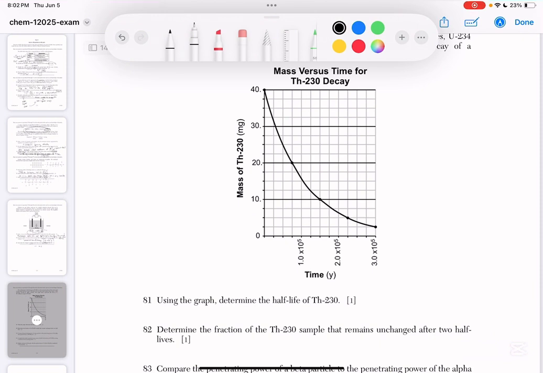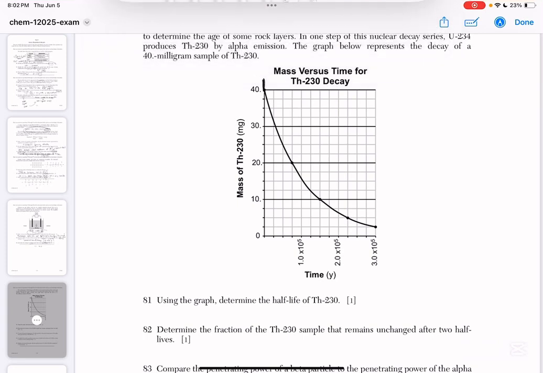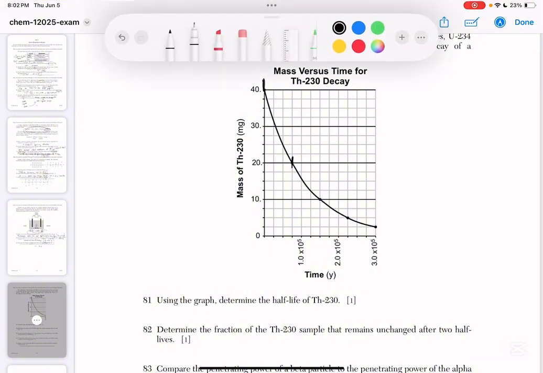Using the graph, determine the half-life of thorium-230. Okay, so this is 1 half-life, and I guess it's about what?